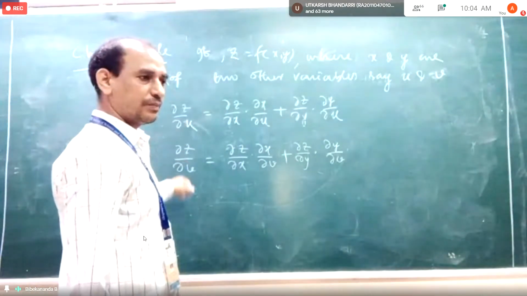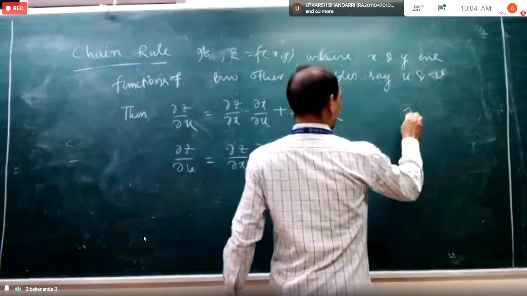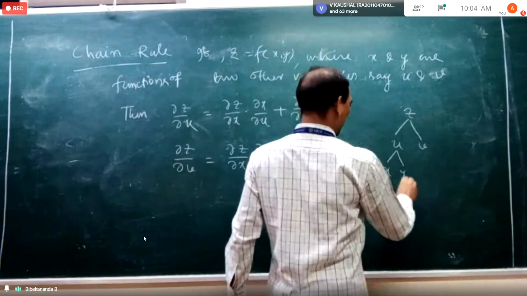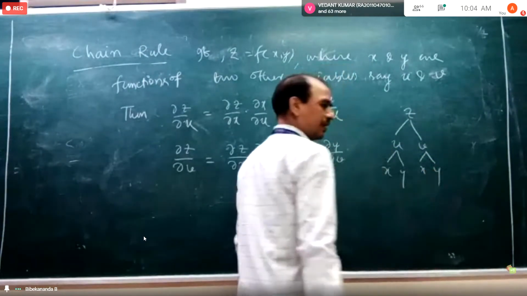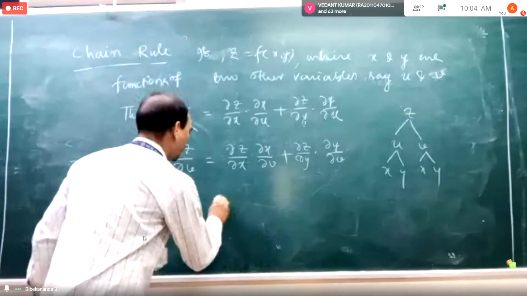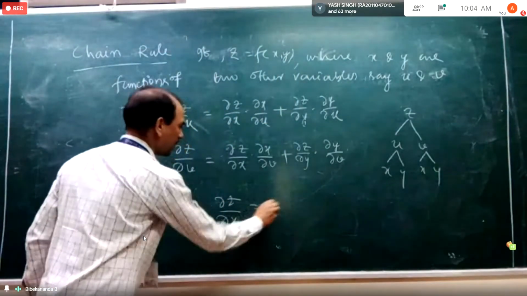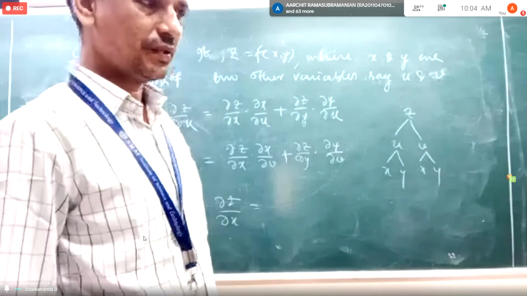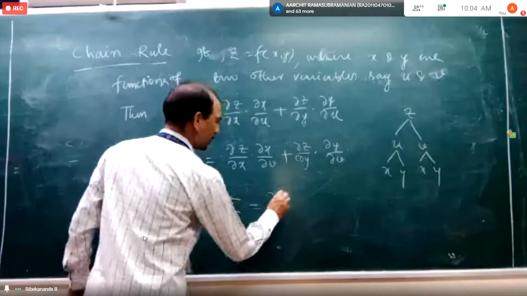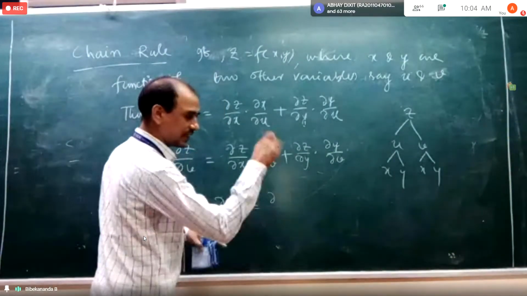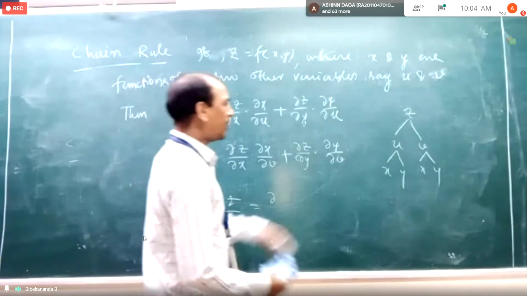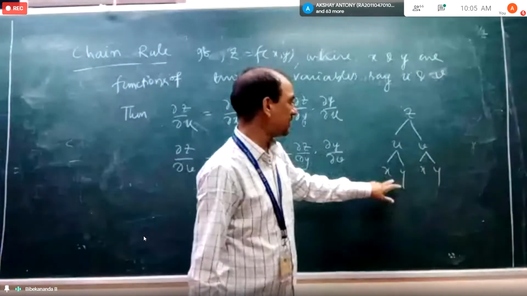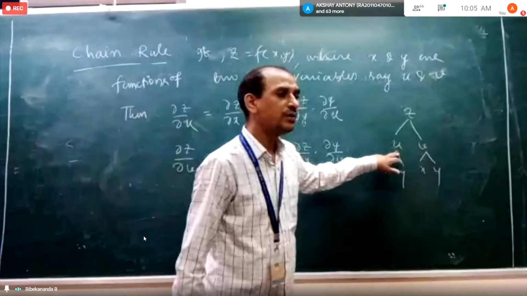Okay. So if the relation is like this, z is a function of u and v, and u is a function of x and y, v is a function of x and y, then how can we find the derivative ∂z/∂x? Can you tell me? z and x, y are related through u and v.